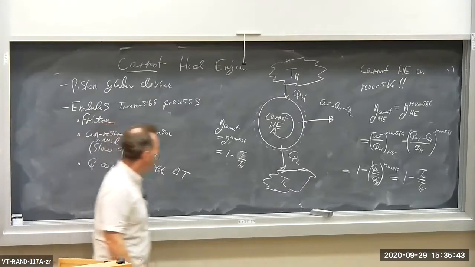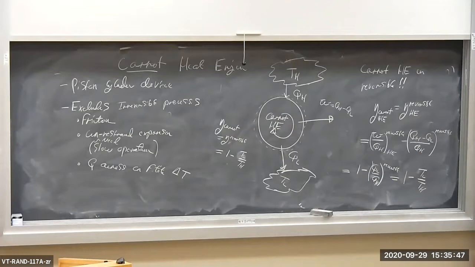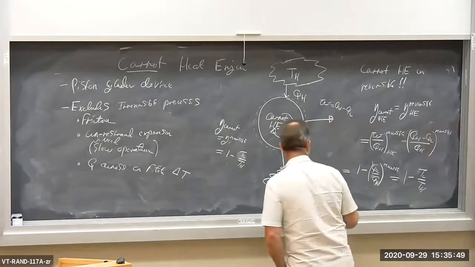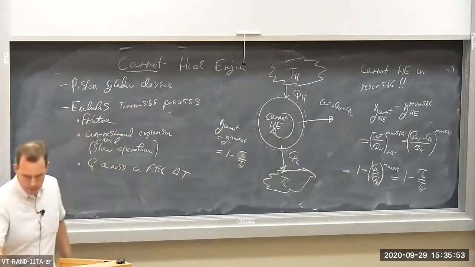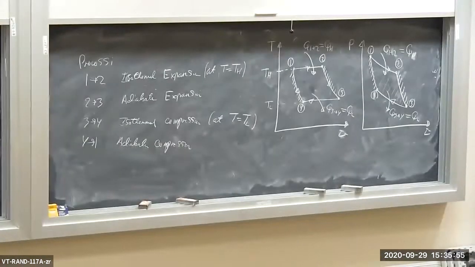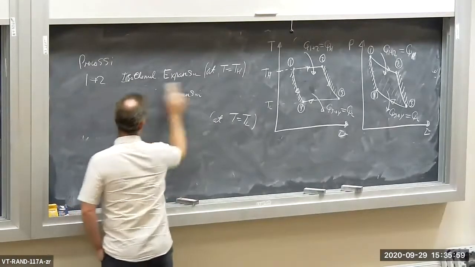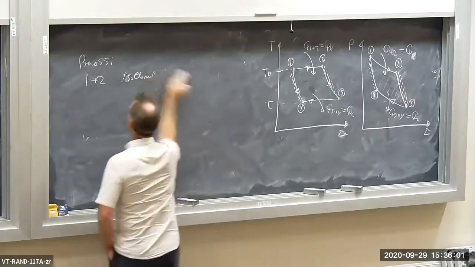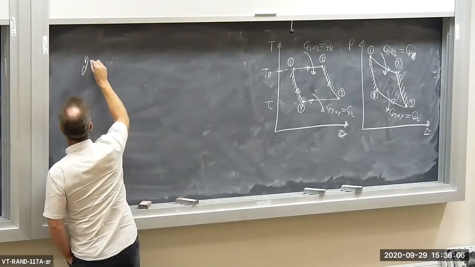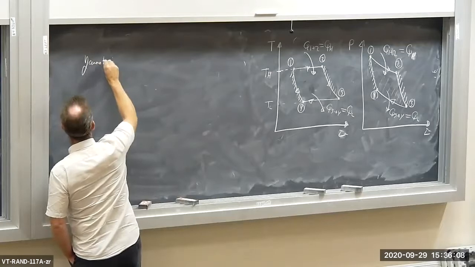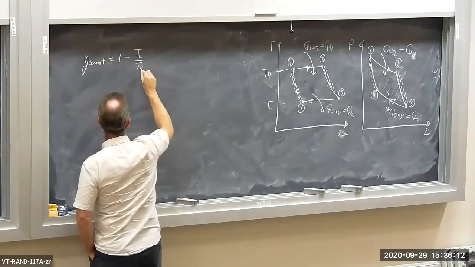So what does this say about the efficiency of the Carnot heat engine? Let's see. So efficiency is 1 minus TL over TH. So eta Carnot is equal to 1 minus TL over TH.